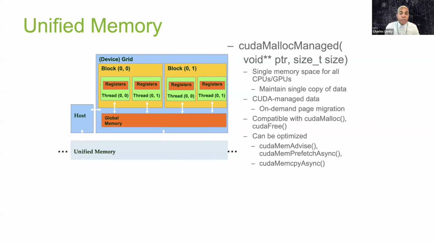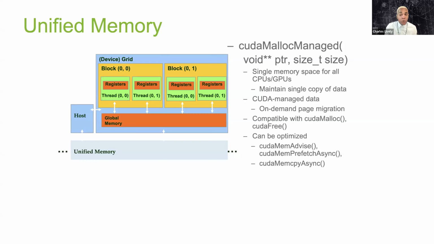One other way is to access unified memory, which is off the actual device. We can access it using cudaMallocManaged. You'll have a pointer to it, and then the size that you're going to be using. With a single memory space, all of the CPUs and GPUs within a node are able to access it.